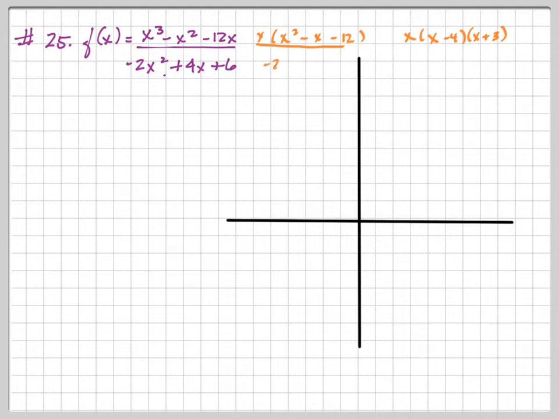Let's take a negative 2 out. When I took the negative 2 out, that changed to minus. So x squared minus 2x minus 3. And so then we'll have a negative 2, and then it's (x minus 3)(x plus 1).